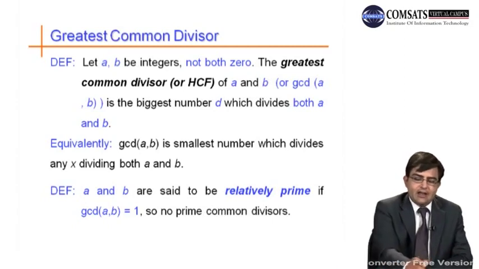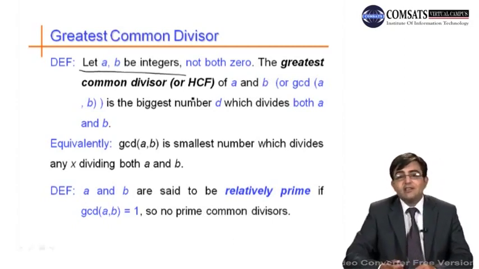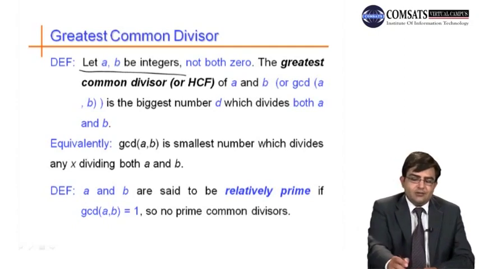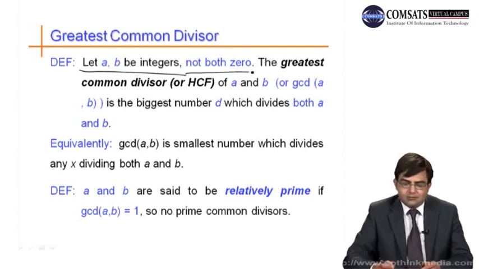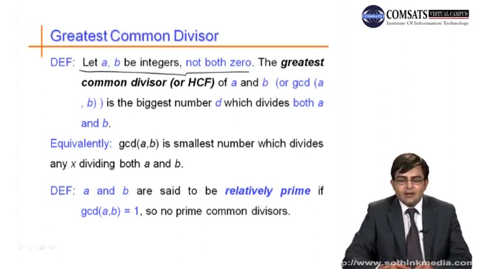So by definition, let a and b be integers, not both 0. This is the necessary condition, because if both of these are 0, there will be a problem. We have to investigate the cases.